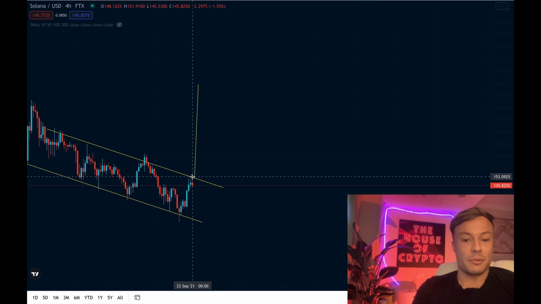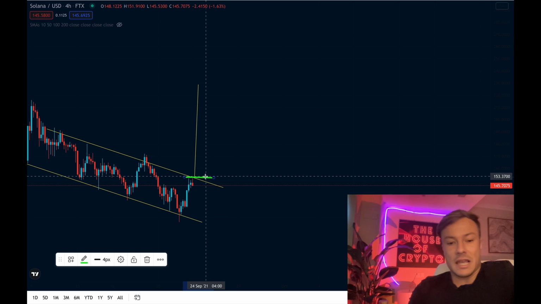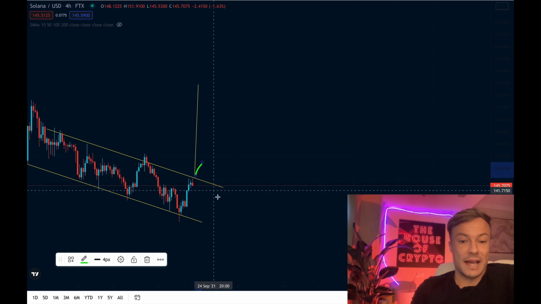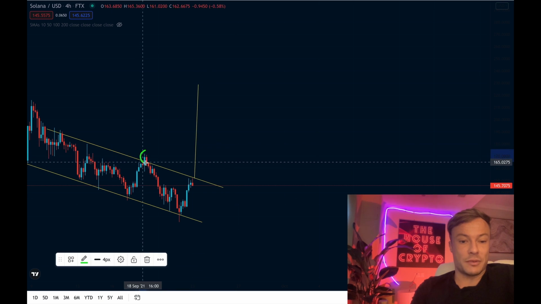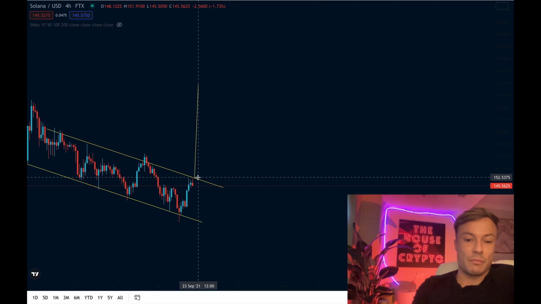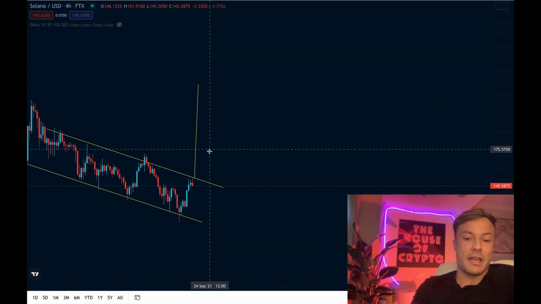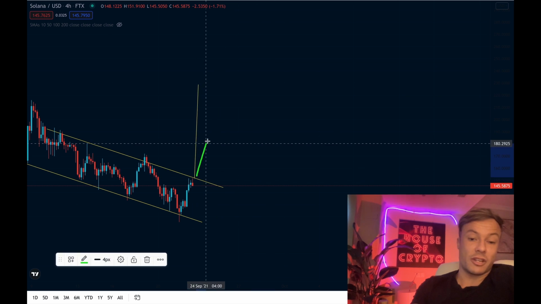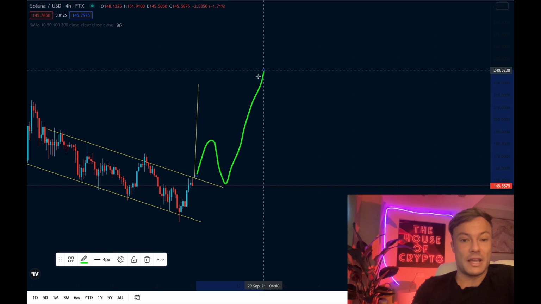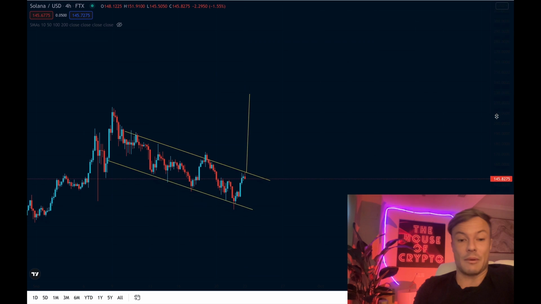If we are able to break above $152, which is here, and able to hold and close outside of this level, because in the past we have broken, but we did then close back inside, then we would potentially be looking to make this move towards the upside. And obviously, as we've seen on the other chart, it could come back for a retest before heading up there, so it could take a bit of time, bearing in mind this is a 4-hour chart.